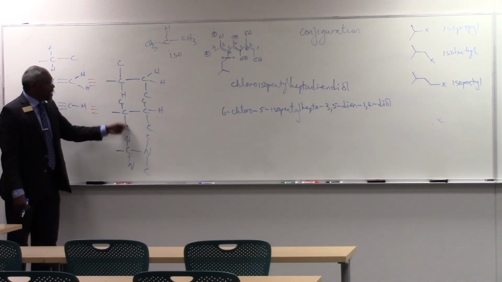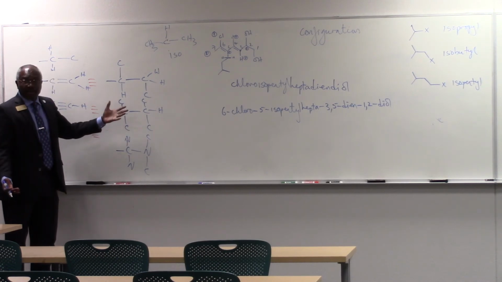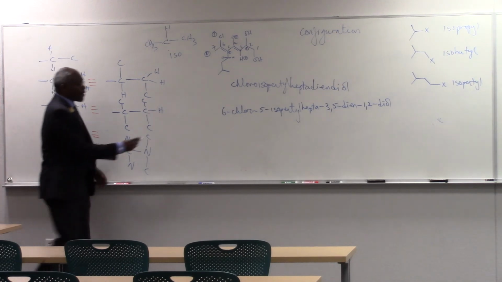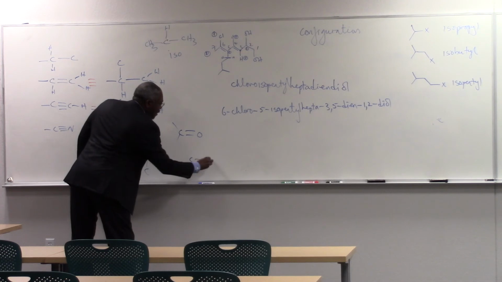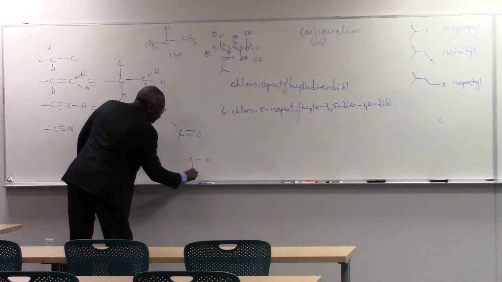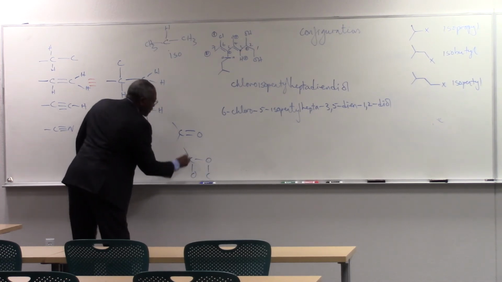So the N's beat carbon, right? You know, if I had a carbonyl group C double bond O, that would essentially be C, O, O, C, right? That's what that would look like.